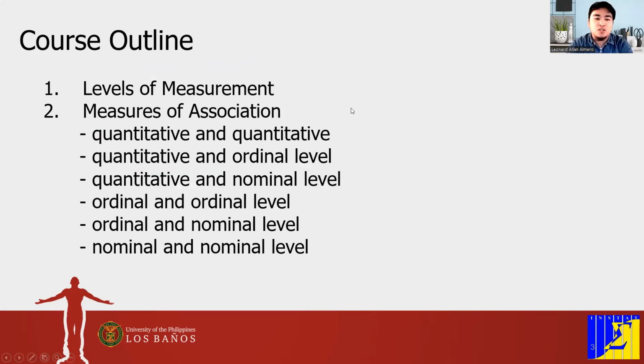And under the measures of association or the correlation analysis that some of us know, we will discuss what are the appropriate measures of association when we have quantitative and qualitative data in the different levels of measurement. Okay po? So before I start, can I get a thumbs up from the participants? Are we all ready?